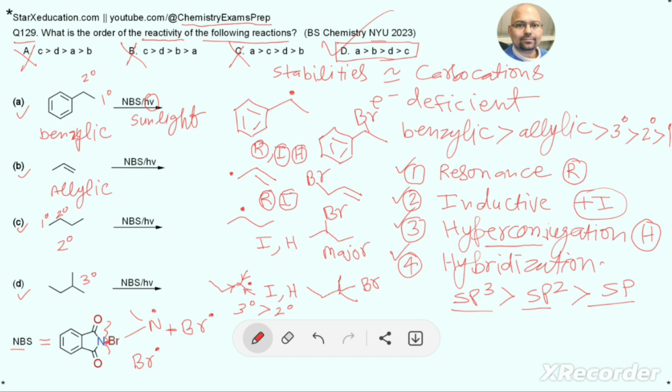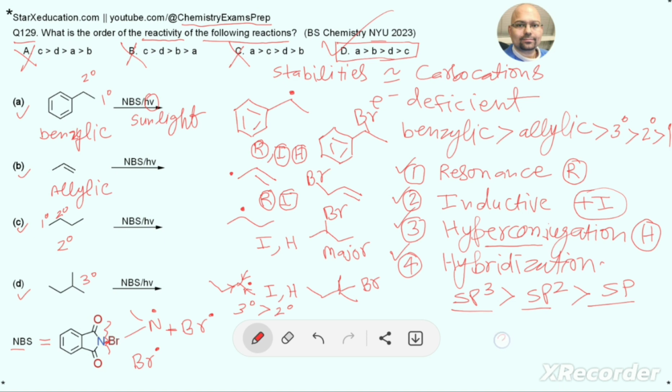Out of these four factors, the resonance is the most important. So if there is a possibility of resonance, that free radical will be more stable than non-resonance free radicals. Due to positive inductive effect and hyperconjugation, more alkyl groups will stabilize the radical more.